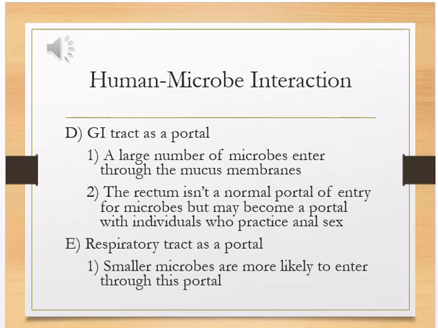Let's say the GI tract. GI is the gastrointestinal tract. Our mouth allows germs to get into our body. When we eat our food, when we eat vegetables, when we eat any bites, any substance, lots and lots of bacteria get into our stomach, and from there they are absorbed into the blood vessels, and enter other parts of the body.